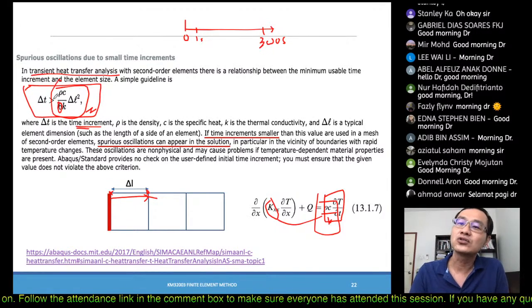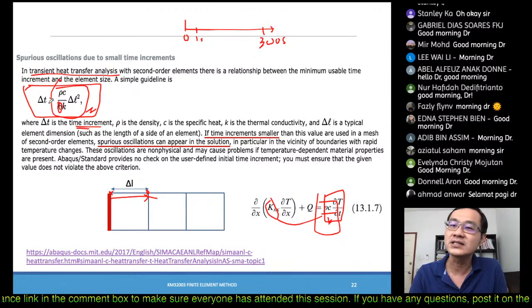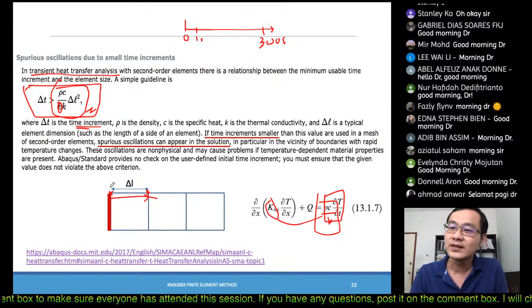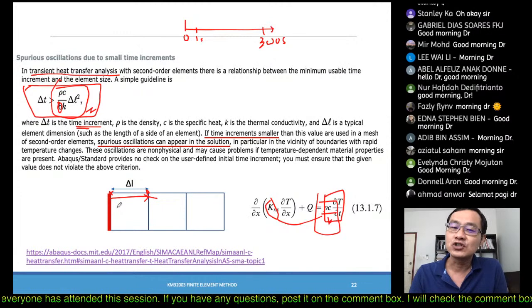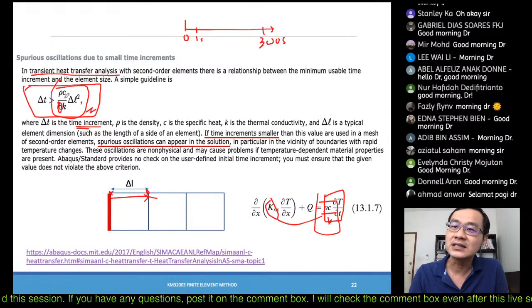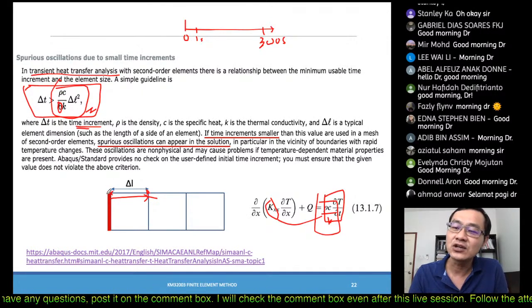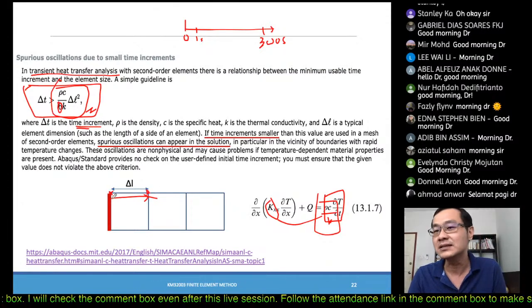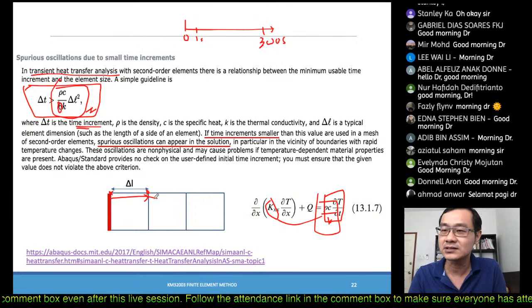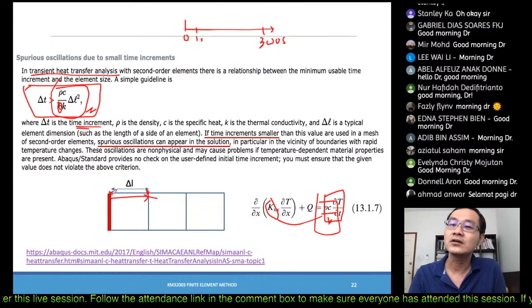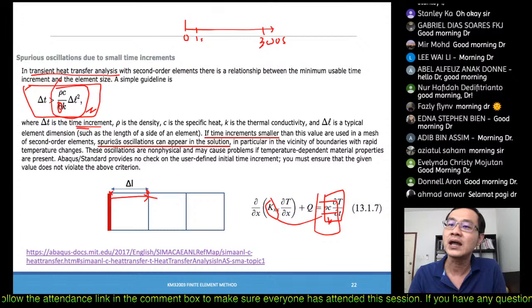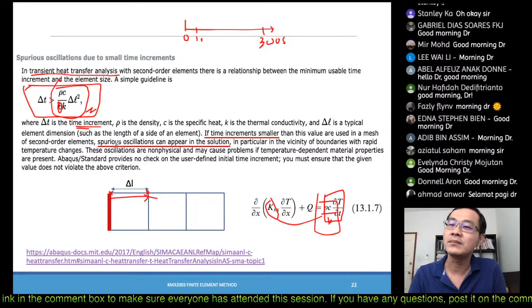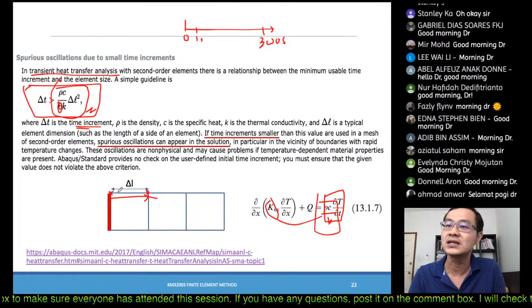Not too small. It is not necessarily true that if the time increment is small, then we get a good result, because in this case the energy may not be able to be stored. Because of the discretization, sometimes it causes what we call false oscillations to appear in the solutions.